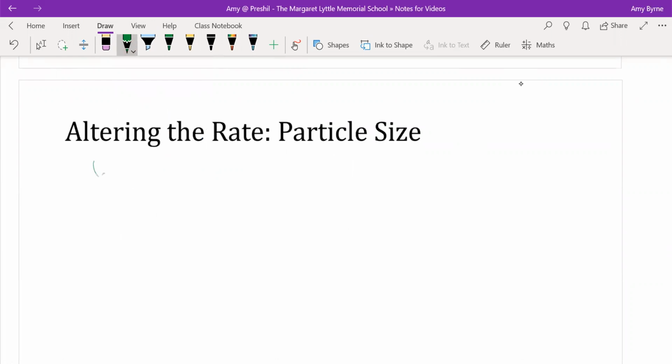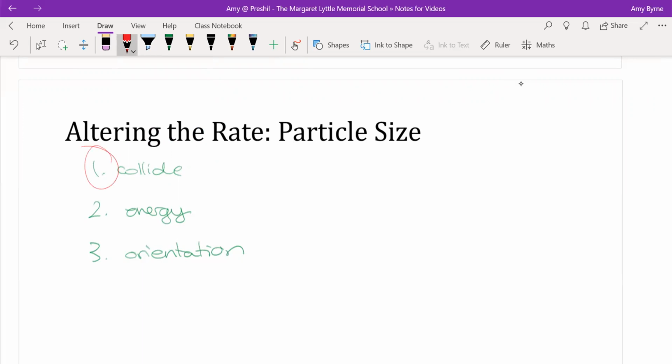So particle size. Remember: collide, energy, orientation. So particle size is again all about collision frequency. If you are a biology student as well, you talk about surface area to volume ratios. That's what this is about.